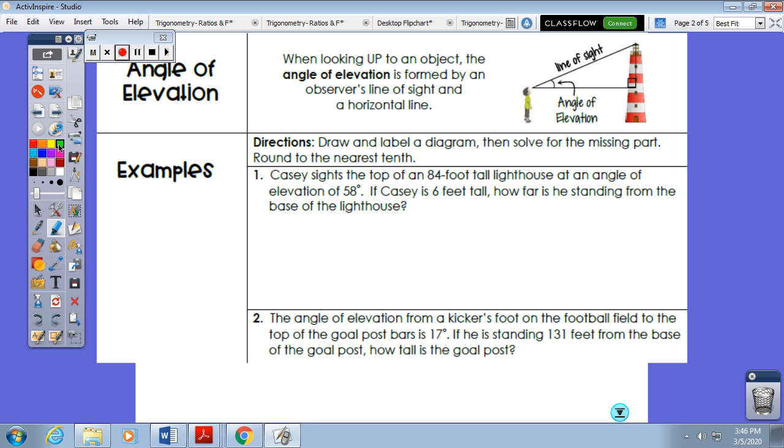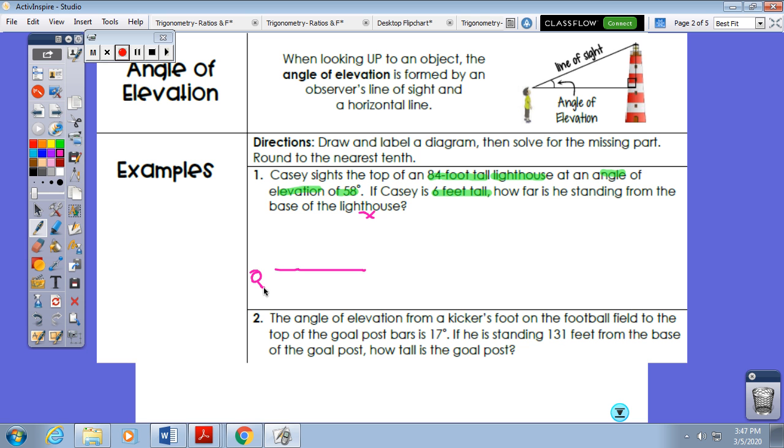So you've got some information here: an 84-foot tall lighthouse, an angle of elevation of 58 degrees, and he is 6 feet tall. We're looking for how far he is standing from the lighthouse. That's our x value here. Let's go ahead and draw that out.